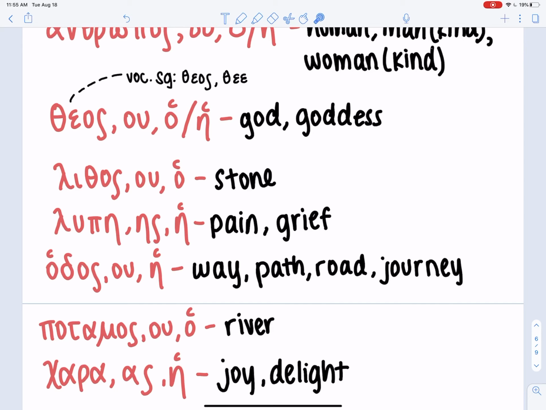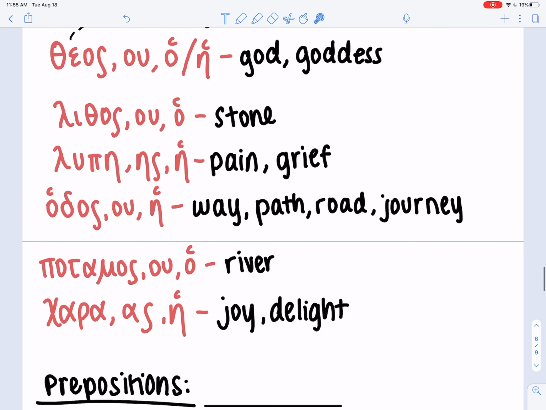So that follows the rule that we've learned. It just looks a little bit funky because you've got two epsilons right next to each other, but that is correct. So in vocative singular, you can have theos or thee, and in the plural, we just follow the normal rules. So it's theoi. Just the normal endings.